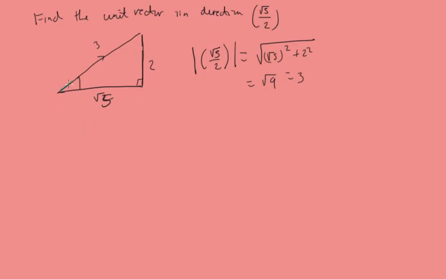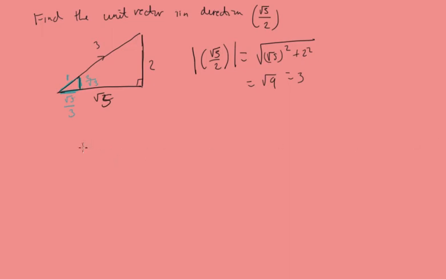So when we get this bit here, which is just 1, what's the value for x along and y up? It would be √5 over 3, and this would be 2 over 3.